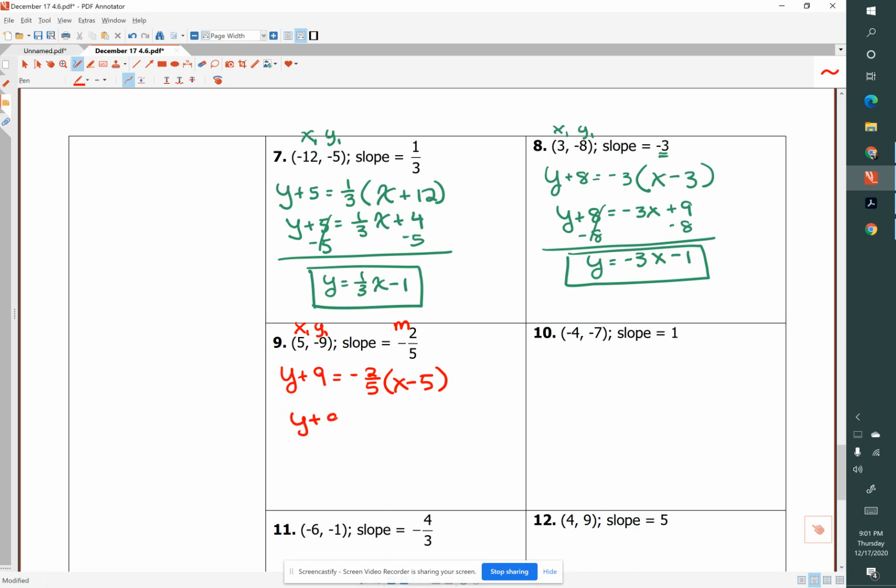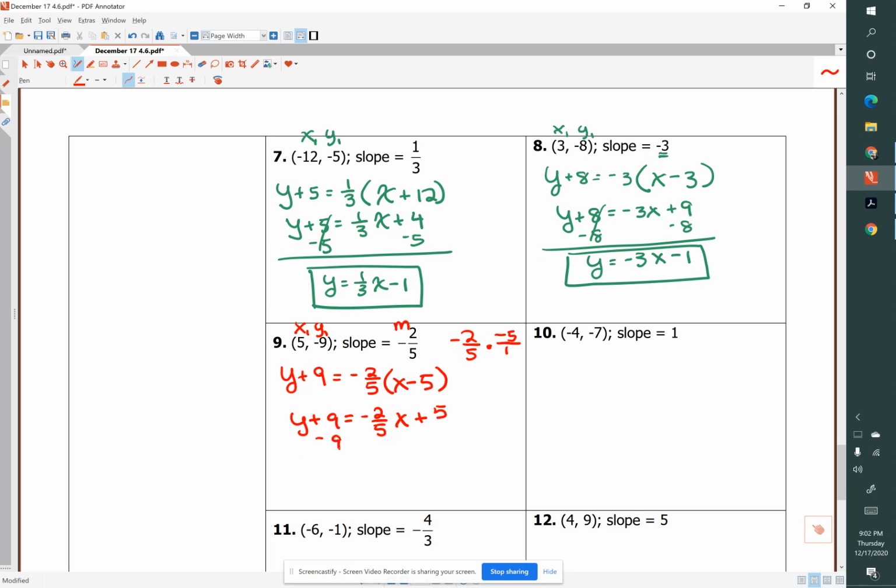Y plus 9 equals negative 2/5 x plus 2. Negative 2/5 times negative 5 equals 2. You can work that out yourself and you'll see that.